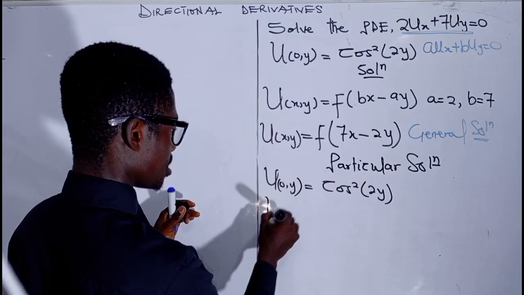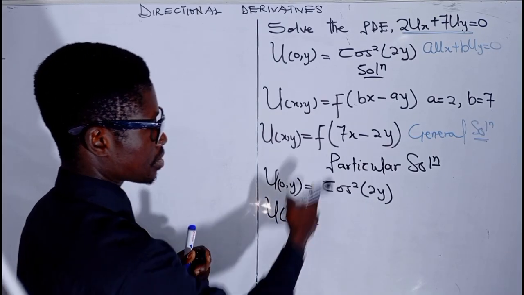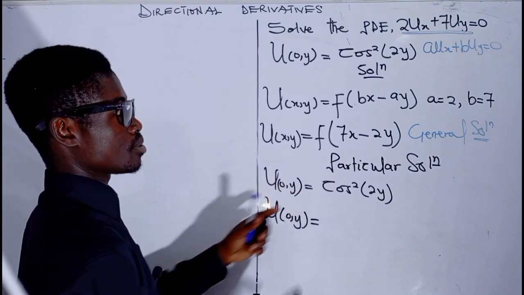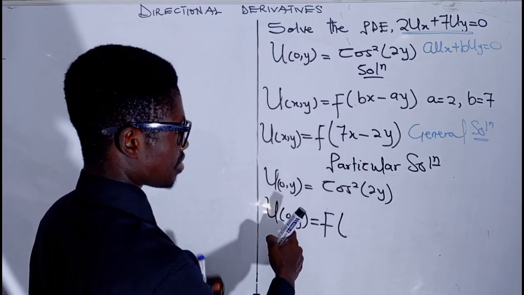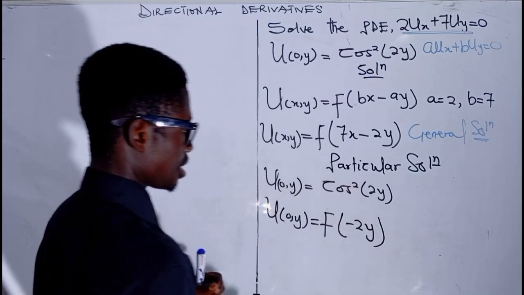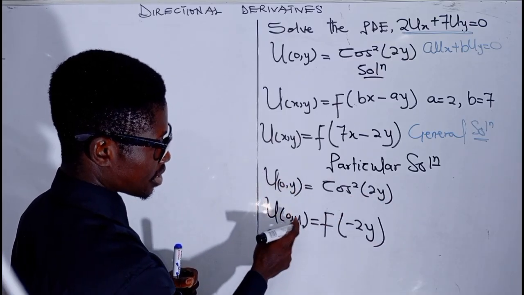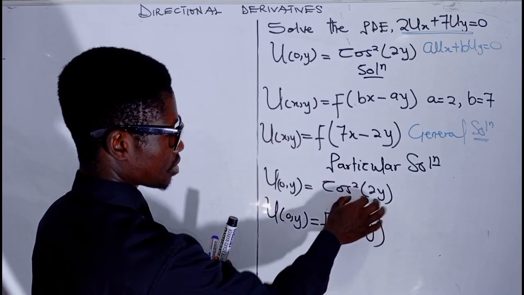So we have the general solution u of 0y. We are going to plug in 0 wherever we see x. So we have 7 times 0 gives us 0, and then we have minus 2y. So we have u of 0y is equal to cos squared 2y, and then we have u of 0y is equal to a function of minus 2y. So you can therefore say that this is equal to that.